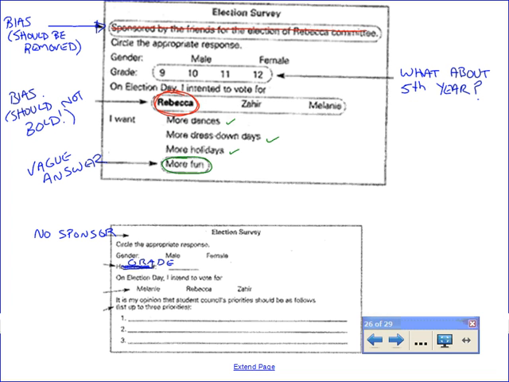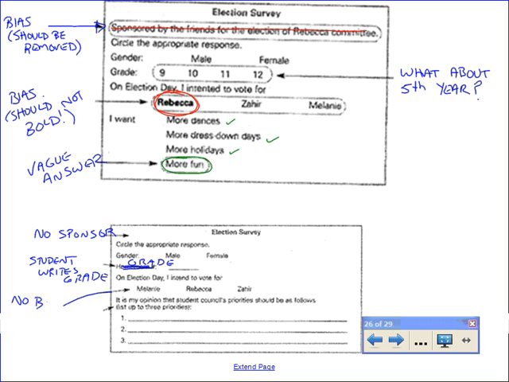And then finally, on the election, again, Rebecca, if you remember, Rebecca was bolded. Student writes grade. Put this in here for your note. And this one, we not only took the bolding away from Rebecca, we have now put it in alphabetical order.